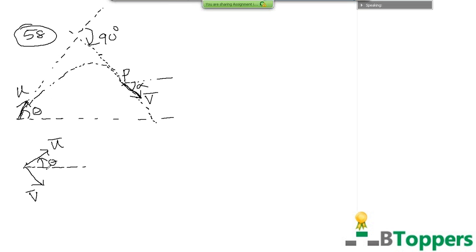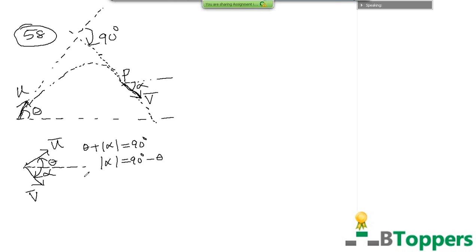U bar is directed at an angle theta above the horizontal. V bar is directed at an angle alpha below the horizontal. So here V bar is perpendicular to U bar. So theta plus modulus of alpha equal to 90 degrees. So modulus of alpha equal to 90 minus theta.